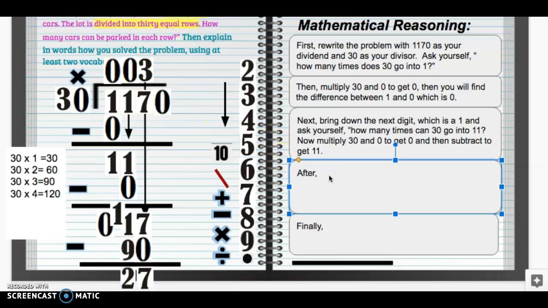So after, bring down the next digit, which is a 7.